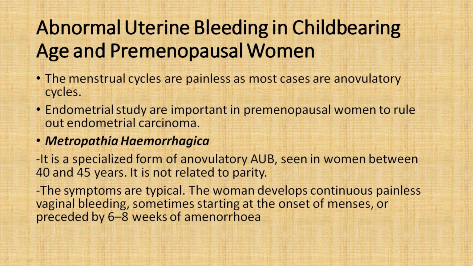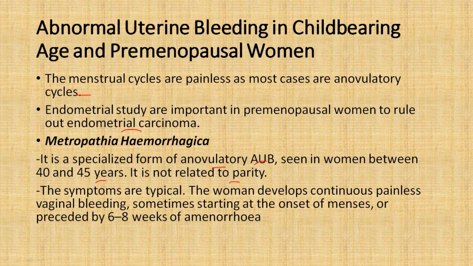So, abnormal uterine bleeding in childbearing age and premenopausal women. The menstrual cycles are painless as most cases are anovulatory cycles. Endometrial studies are important in premenopausal women to rule out endometrial carcinoma. We'll look at metropathia hemorrhagica. It is a specialized form of anovulatory abnormal uterine bleeding seen in women between 40 and 45 years. It is not related to parity, so it's not related to the number of childbirths.